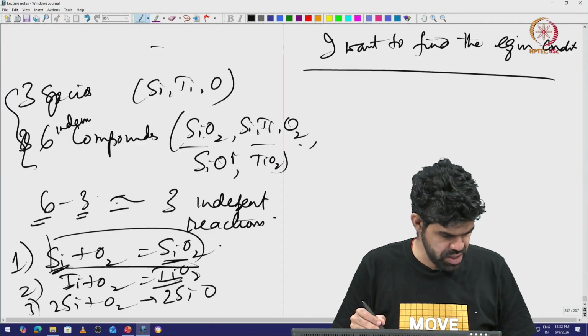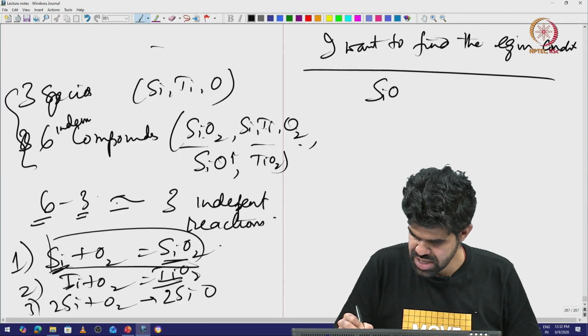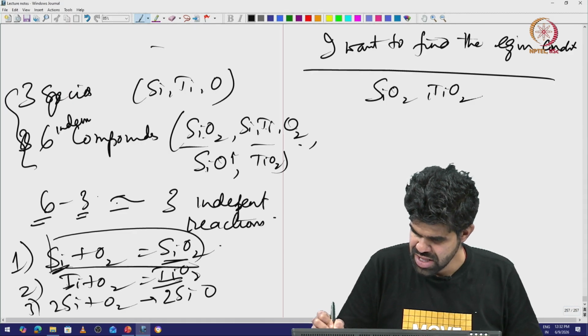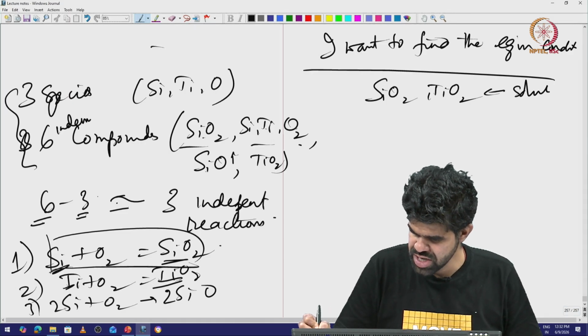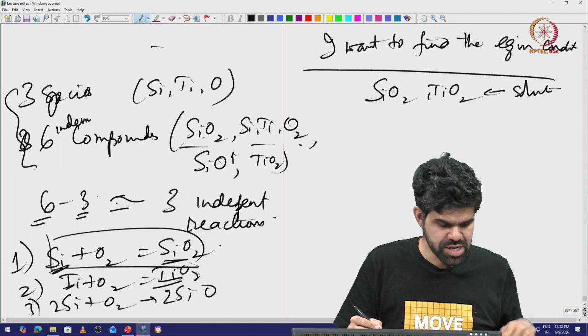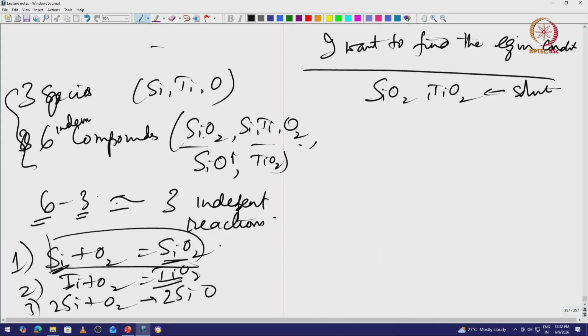So silicon oxide, titanium oxide, they form some kind of a solution, right. So both of them are impure, right. So I have 6 compounds, means I have 6 different activities, right. So I have activity of silicon oxide, so the unknowns are all these things, right. When I said 6 compounds, it is their concentrations or activities or fugacities, that is what I want to find out, right.